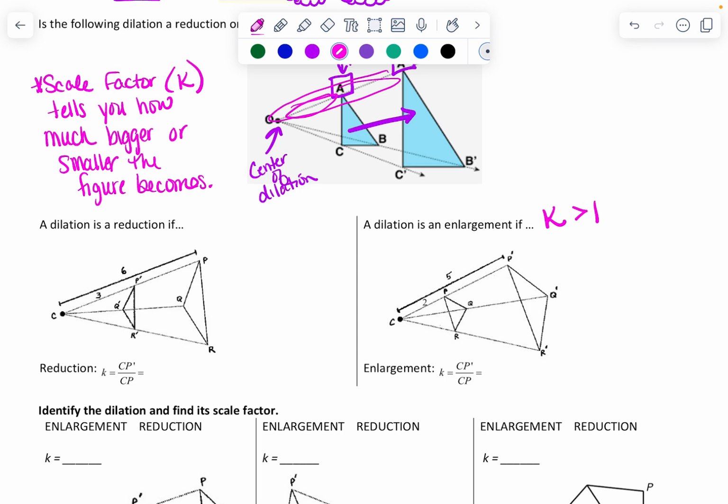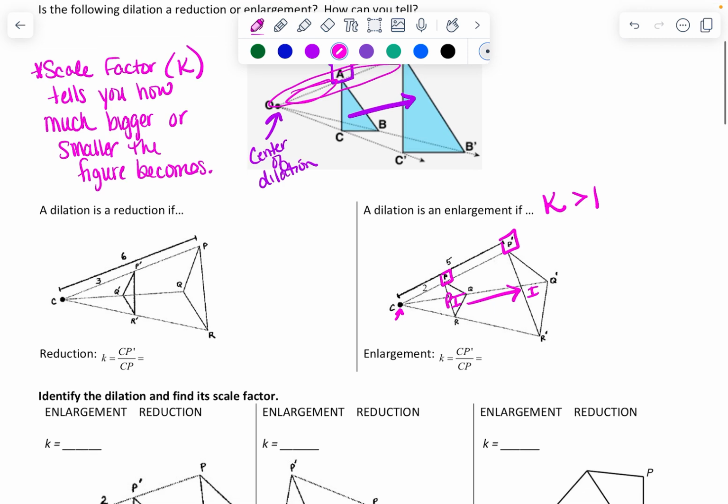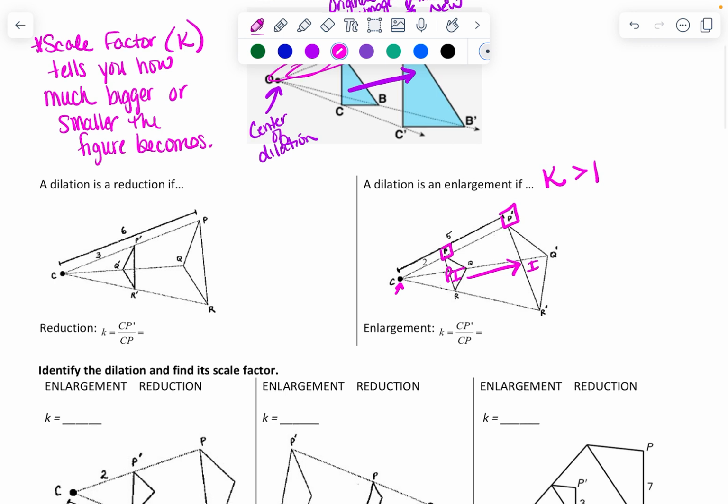If we take a look at this diagram, again, we have C as our center of dilation. We can see P here and P prime. So I know this is my pre-image and this is my image. It's going from here to here. I always like to draw in that arrow. When we figure out this scale factor, it's always the distance from C to P prime over C to P. Think of it as new over old, always new to old.